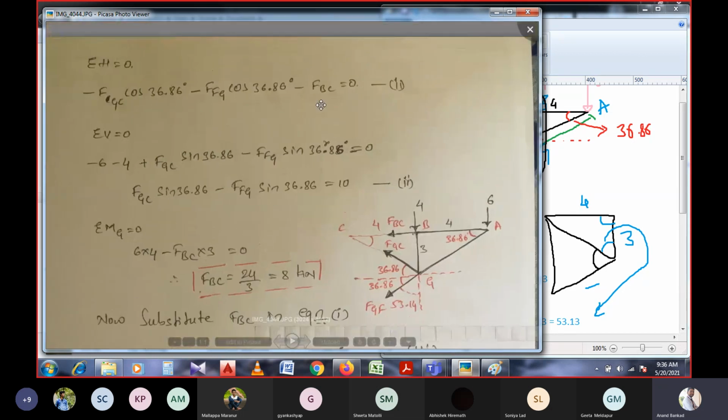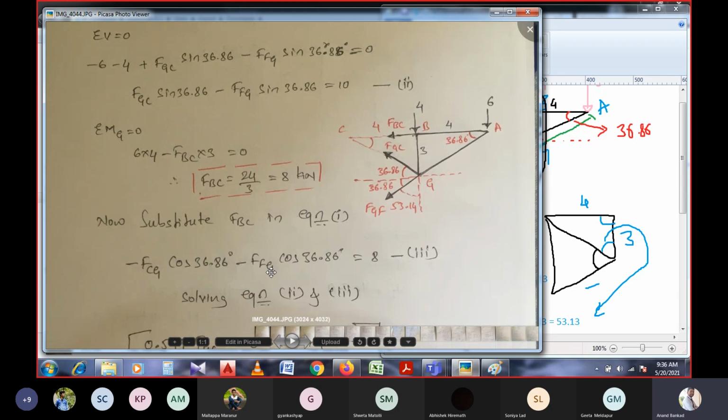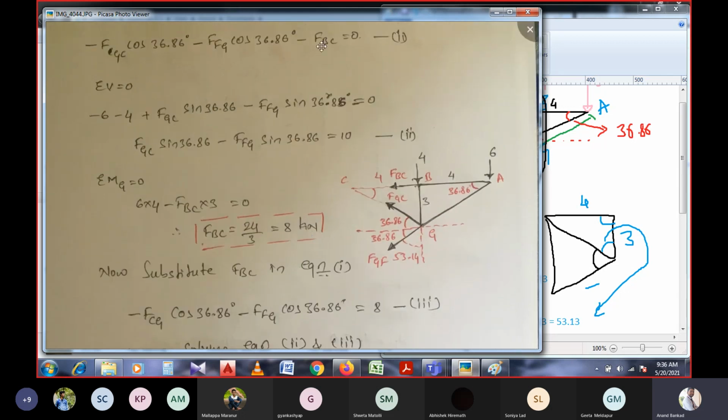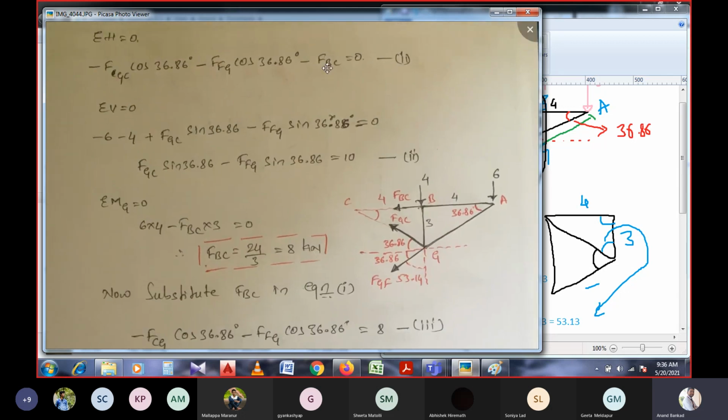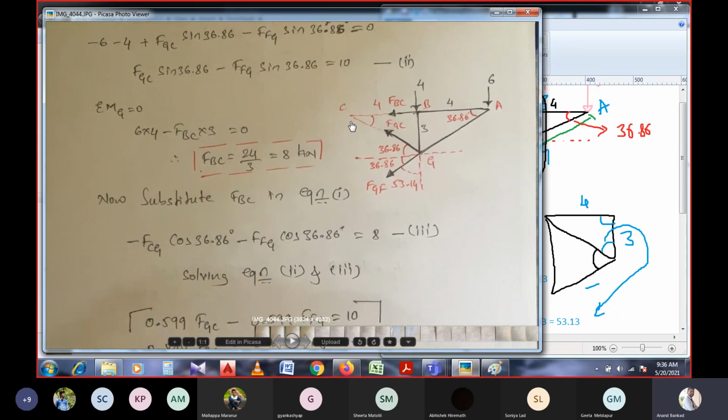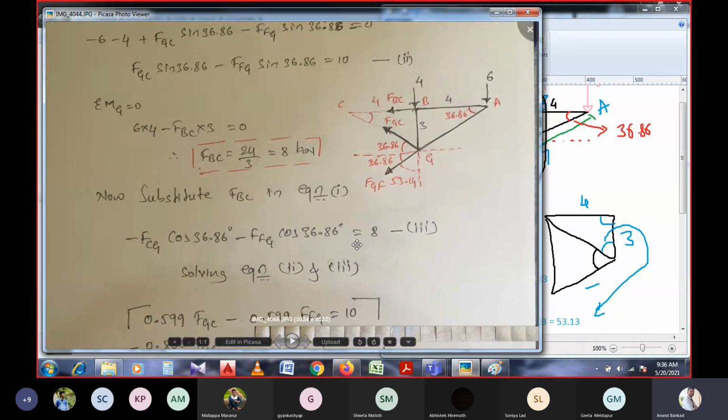So that can be substituted over here. FBC can be substituted in the equation, then this equation can be written in this manner. Since minus FBC is here, it is minus 8. If you equate it to 0, then you can take it to the right hand side, it is plus 8. So that is the same case as we have written over here.